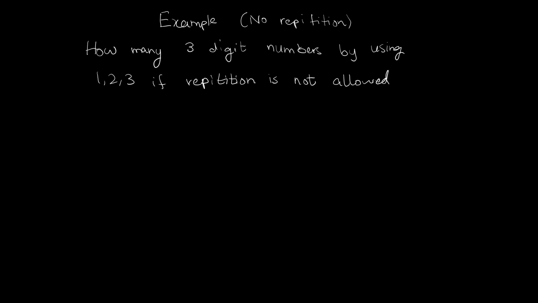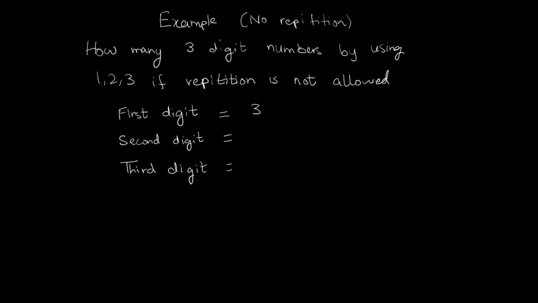Again, as we discussed earlier, we have three independent events. Now we'll have three choices for the first digit.